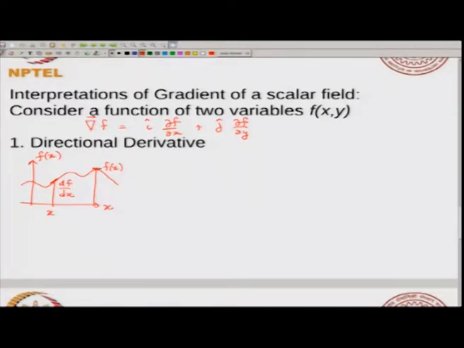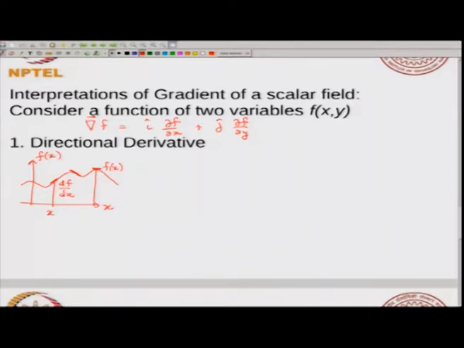Here the derivative will be positive. Here in this case the derivative will be negative. You can calculate the derivative using the slope of the tangent. Now the gradient is in some ways extending this idea to functions of more than one variable.